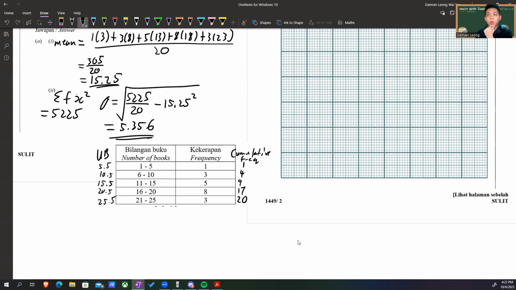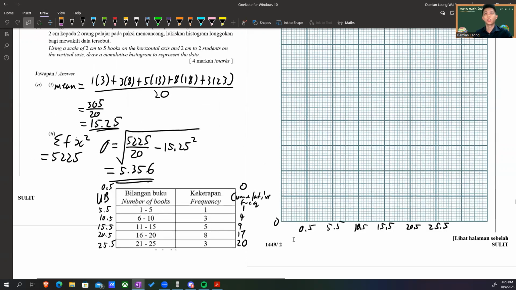Yeah. So I need it to start from 0. So I go one boundary below, so 0.5 means I start from 0.5. And 5.5, 10.5, 15.5, 20.5, 25.5. That's the highest one. Then my cumulative frequency, I go up to 20. So they say each box 2.